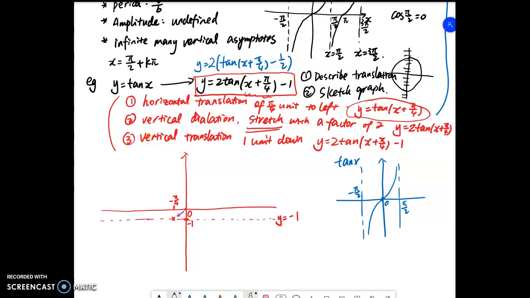And my period is pi/1, which hasn't changed. So the period didn't change. So imagine this whole graph is moving pi/4 this way and 1 down. Does that make sense? So you kind of end up with a graph like this.